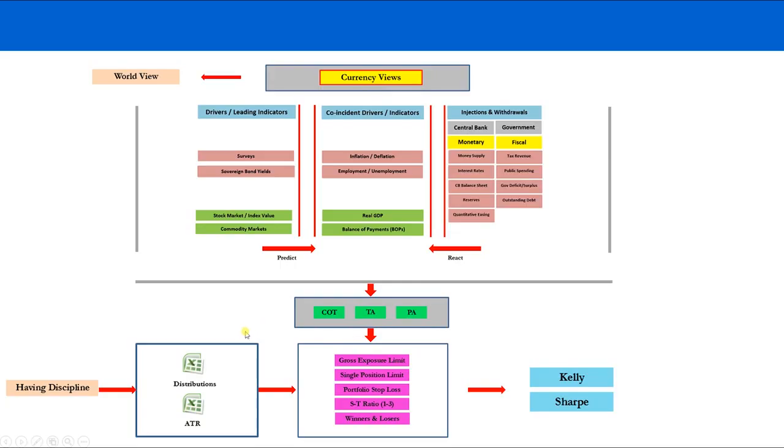Our next phase of the overall systematic process is to overlay our ideas and our timing and our real positions with discipline and risk management. And discipline and risk management gets driven in exactly the same way as we assess opportunities, through volatility analysis, through distributions and ATR.